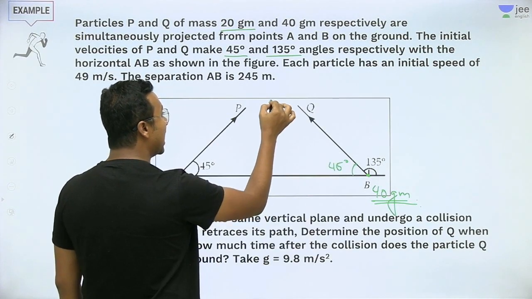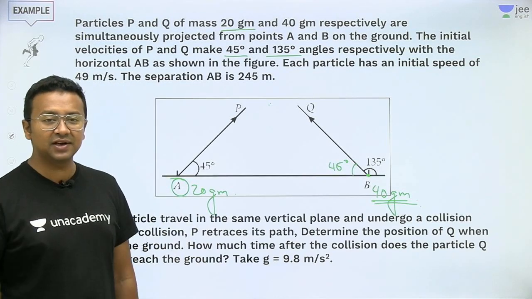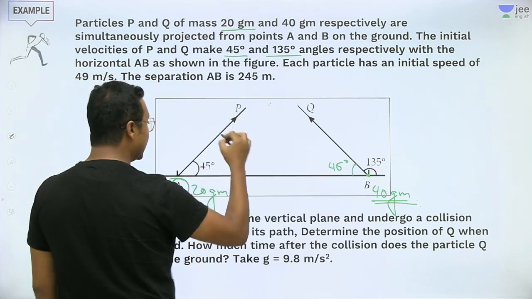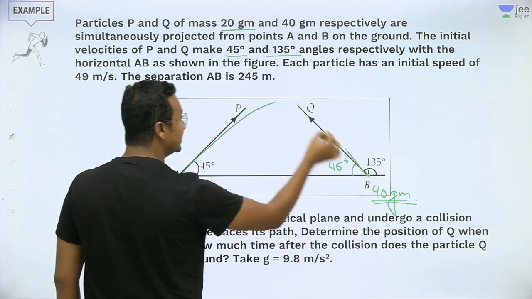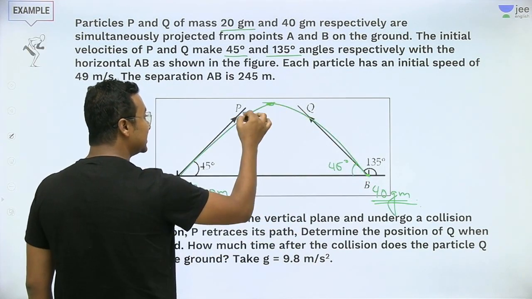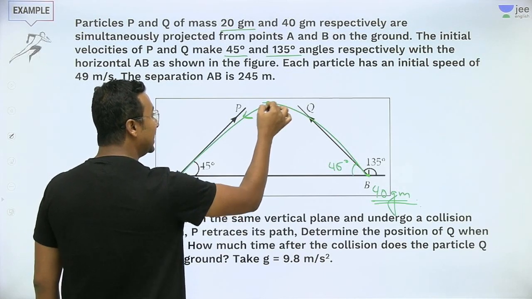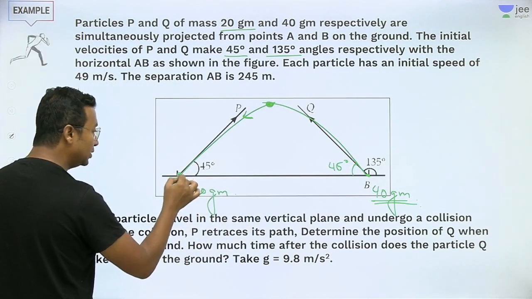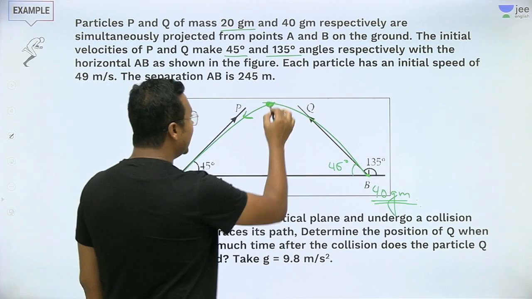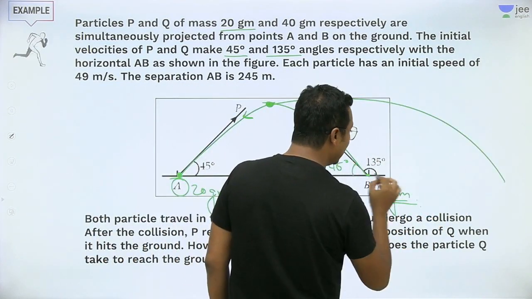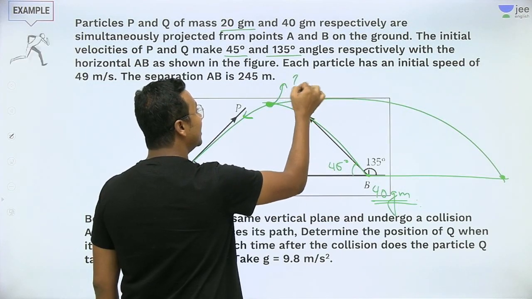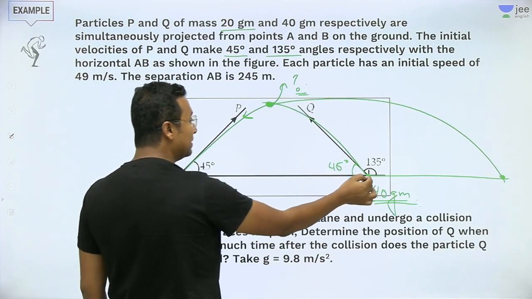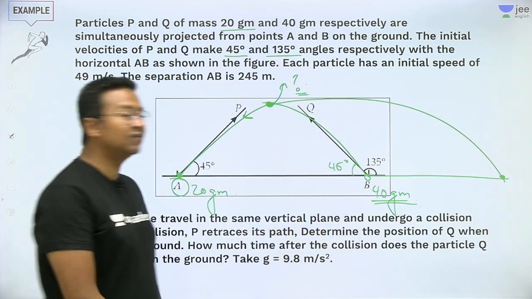They are colliding at the highest point. And after this collision, this particle is retracing, let's say this is here and this is here. This retraces back its path. That means it comes from here to this point here. Then where exactly will this particle go after the collision?